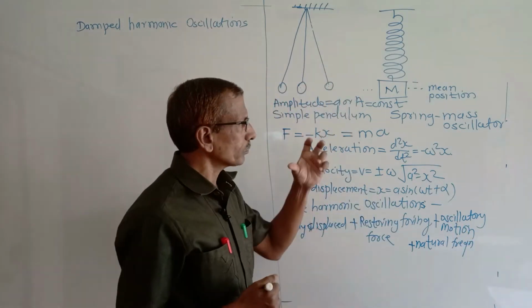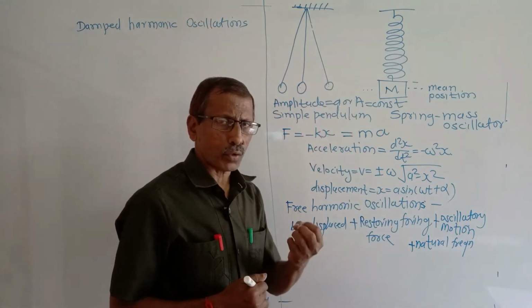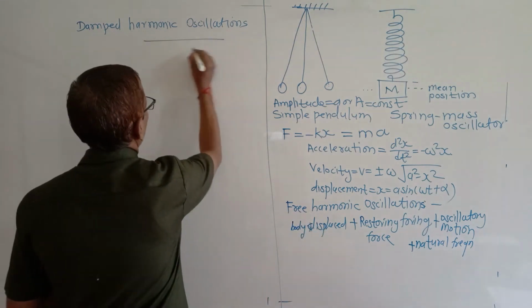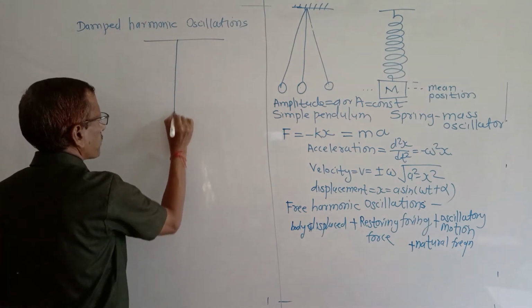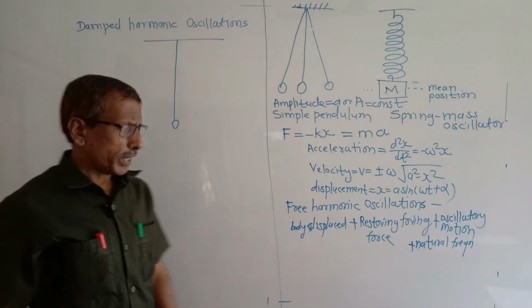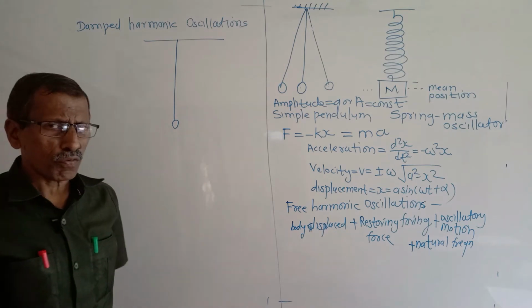First we try to explain the motion of the simple pendulum. Let us consider this is a simple pendulum, and we give it an amplitude of 5 centimeter.